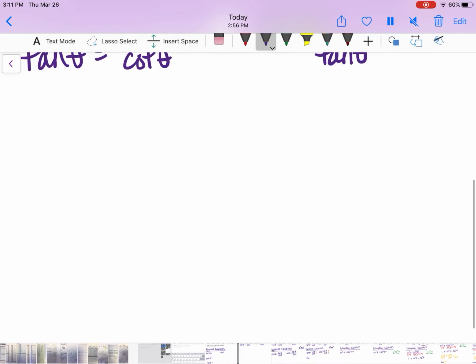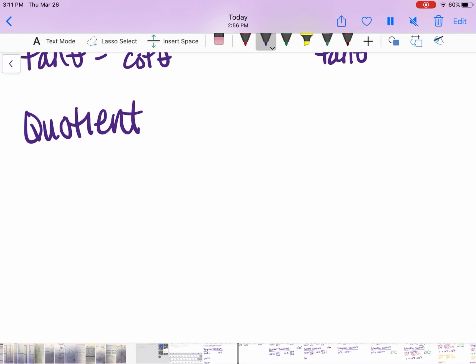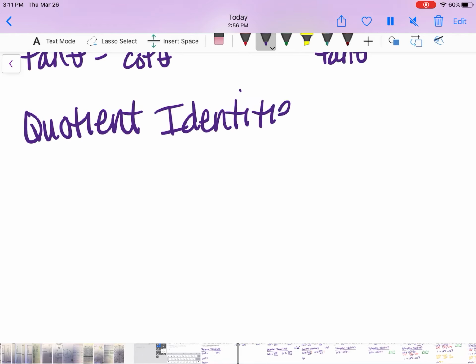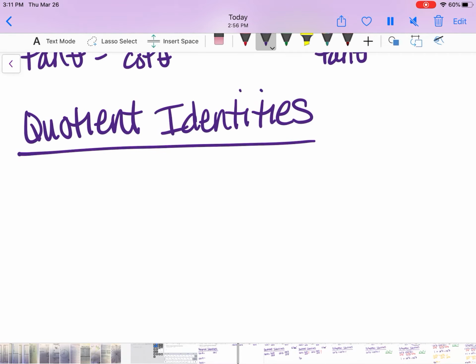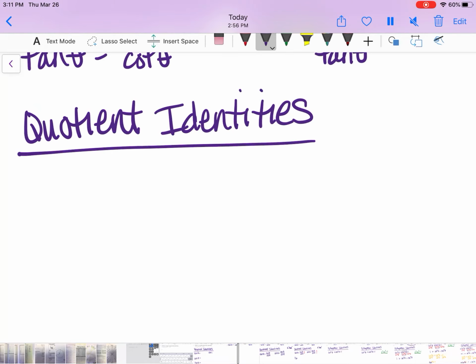Now, the next set that I would want you to know and have memorized are the quotient identities. Now, for the quotient identities, we have 2 of those, so not as many, but these should not be anything very strenuous either. If you look at the first one, our first quotient identity says that tangent is equal to sine over cosine.